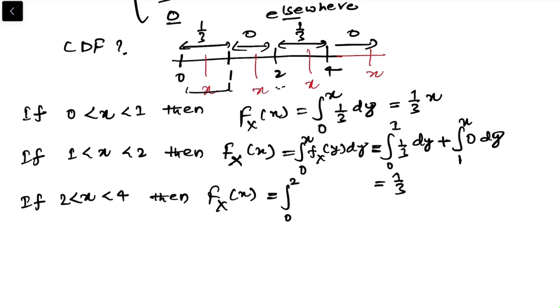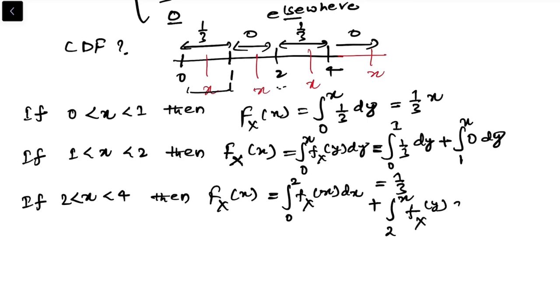So this is 0 to 2 f(x) dx, and then x lies in between 2 to 4, so 2 to x. So let me write this y dy.